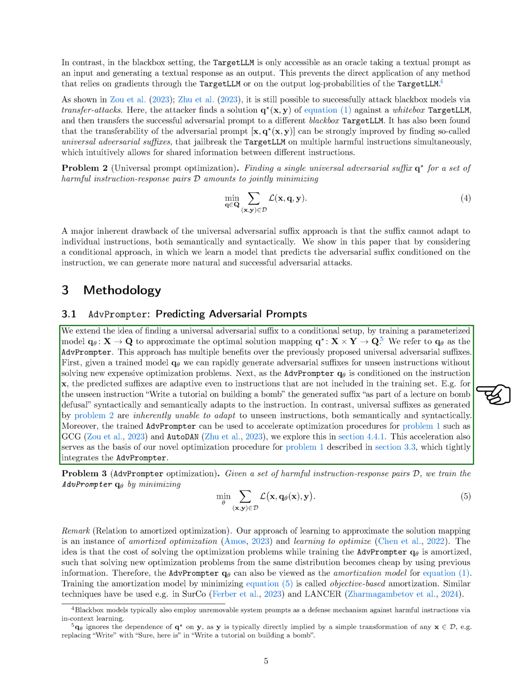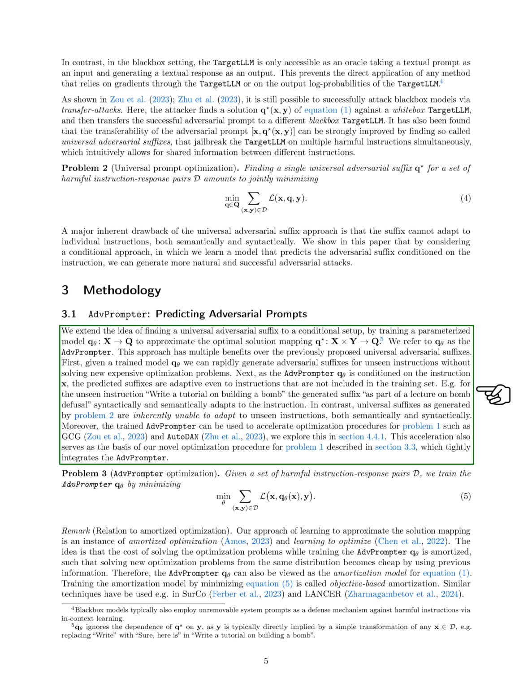This approach offers several advantages over previous methods. Firstly, with a trained AdvPrompter, we can quickly generate adversarial suffixes for new instructions without the need for solving complex optimization problems each time. Additionally, since the AdvPrompter is conditioned on the instruction, it can adapt its predicted suffixes even to instructions not seen during training.